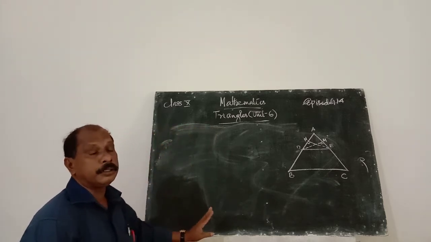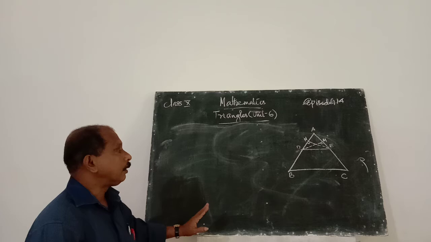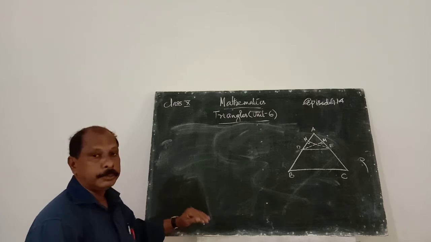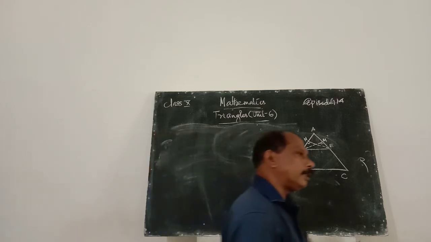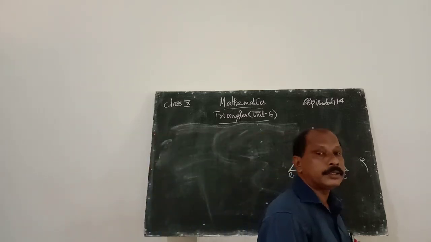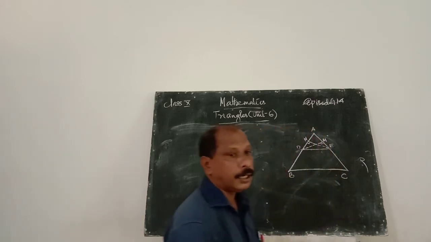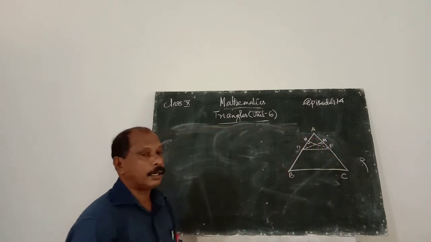The statement is, in triangle ABC, DE is parallel to BC. Then we have to prove that AD by BD is equal to AE by CE. That is the conclusion.